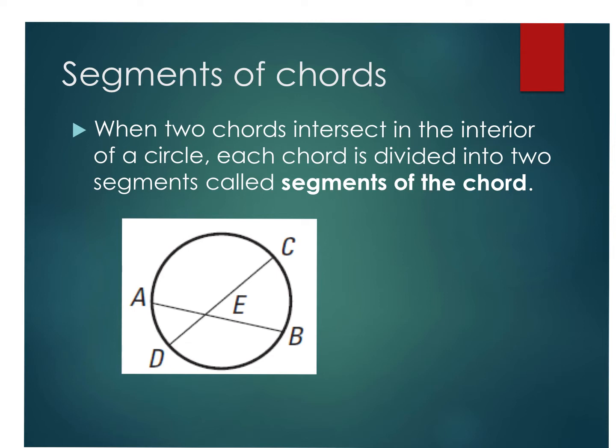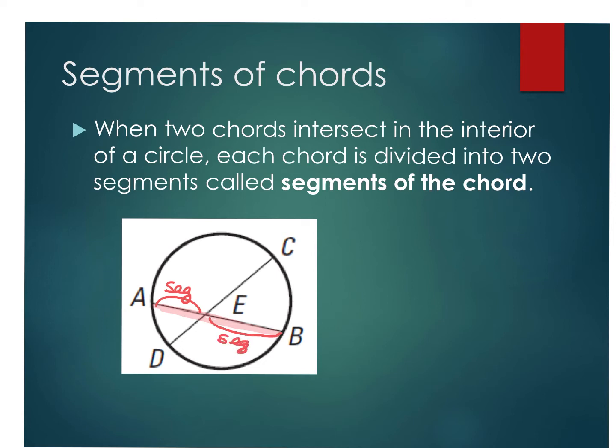When two chords intersect in the interior of a circle, each chord is divided into two segments called segments of the chord. So for example, if I take this chord AB, notice when it intersects the other chord, it splits it up into a little piece here. So this is a segment, and so is this, EB.